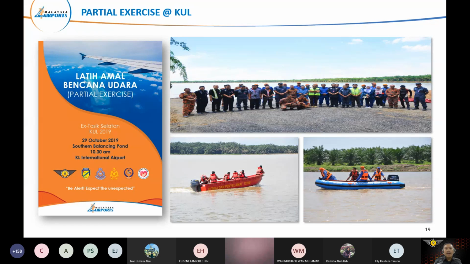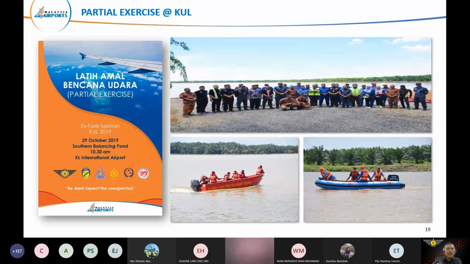For example, our Jabatan Bomba dan Penyelamat Malaysia, our Fire and Rescue Department of Malaysia, as well as our Angkatan Pertahanan Awam Malaysia or Malaysia Civil Defence Force. This is one example of partial exercise.